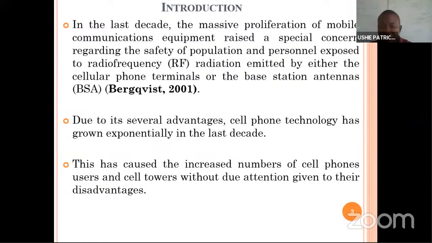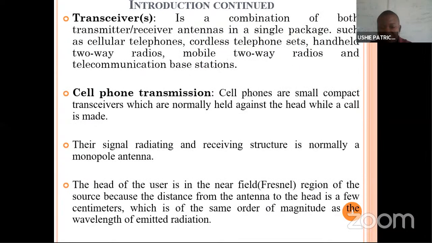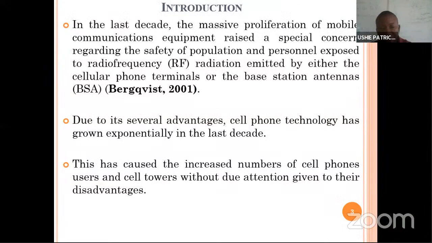In the last decade, we know the importance of cell phones and the advantages, and how the increase has gone across countries and continents. But with that, we have not really sat down to look at the disadvantages of the cell phones we use at every point in time.